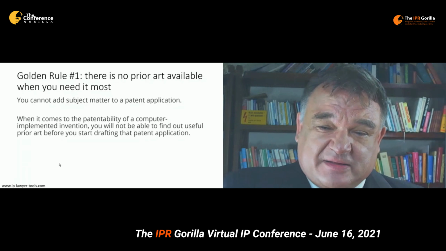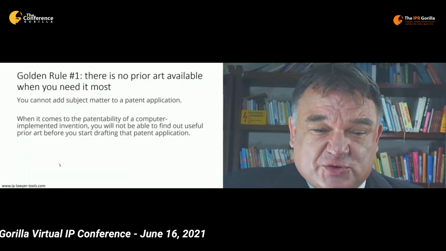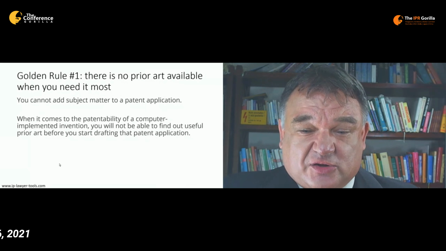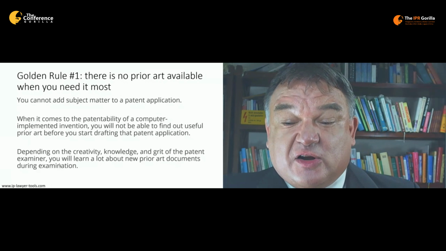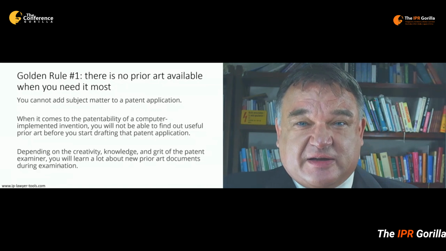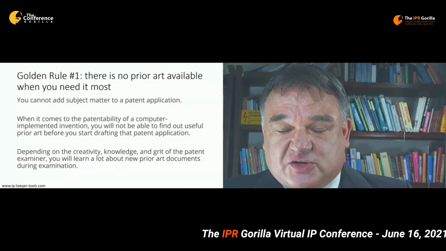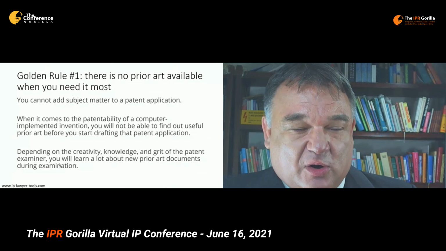When it comes to the patentability of a computer implemented invention, you will not be able to find useful prior art before you start drafting that patent application. Depending on the creativity, knowledge, and grit of the patent examiner, you will learn a lot about new prior art documents during examination. That is especially the case in common law jurisdictions that follow the UK. In my article series, you will learn more about that.